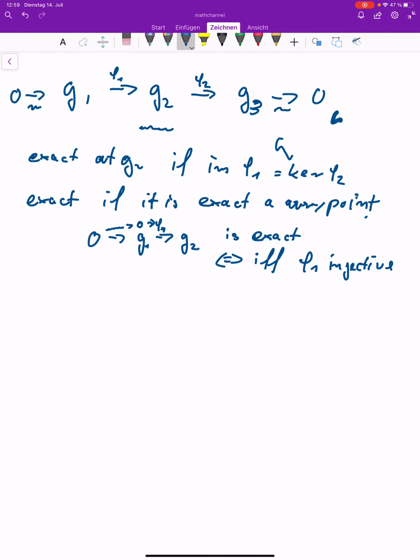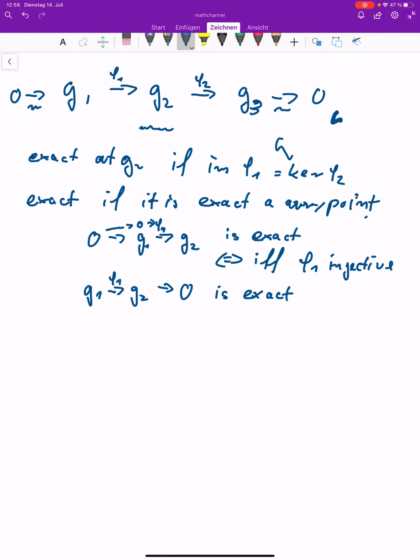And well, we can do a similar thing for surjective maps. So let's look at G1 to G2 to 0, just flipping the previous example over, so to speak. And now we have this phi1 here, and what can we say?